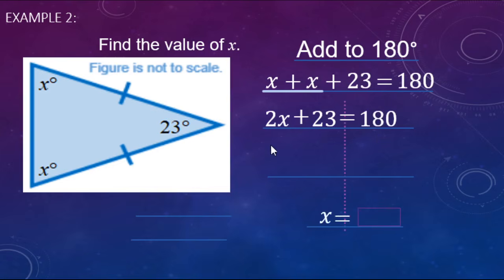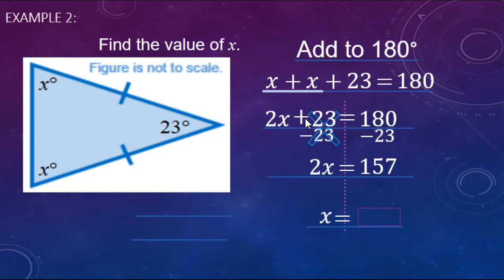So we want to go from this equation to x equals instead. We're going to undo the multiply by 2 and the add 23 to go from 2x plus 23 to just x. So we're going to start by subtracting the 23 from both sides of the equal sign. That's going to leave us with just 2x on the left-hand side, equals 180 minus 23, which is 157.